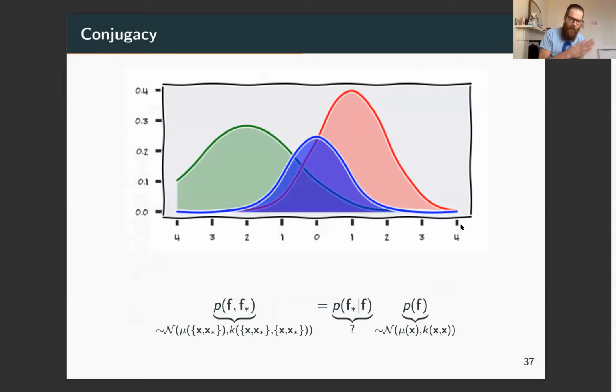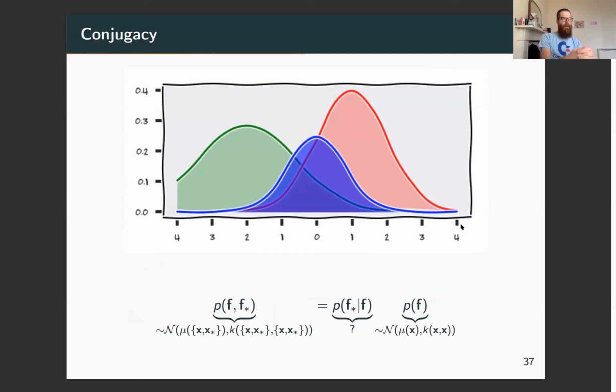Okay, so now comes the really cool thing about this, why it's so simple. Gaussians are closed under multiplication. That means if I multiply two Gaussians, I get another Gaussian out. So say now that I've observed some values f. These are the output values of the function.